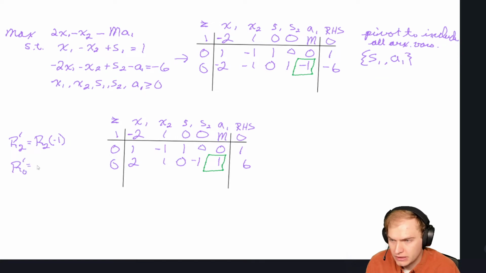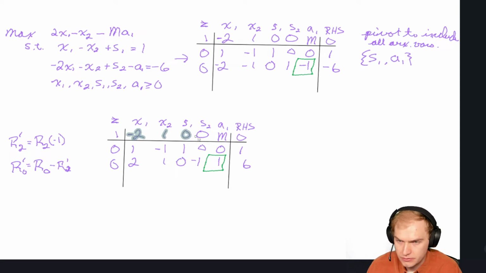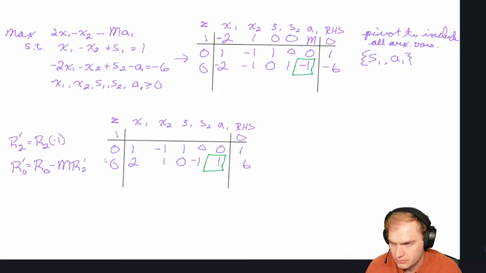Row 0, however, needs to be changed to this. So, oh, correction. I'm going to subtract M times row 2 prime.